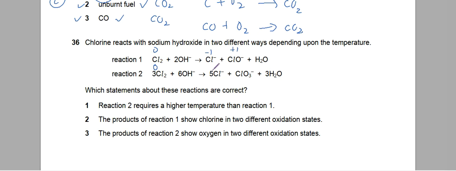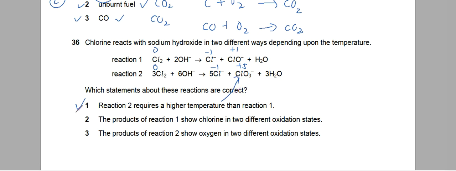This one becomes -1 and +5. First is correct. It requires higher temperature, because it needs to achieve a higher oxidation state of chlorine, so it needs more input of energy.